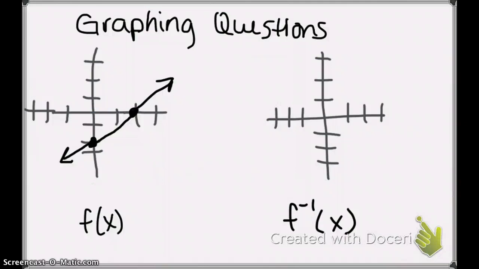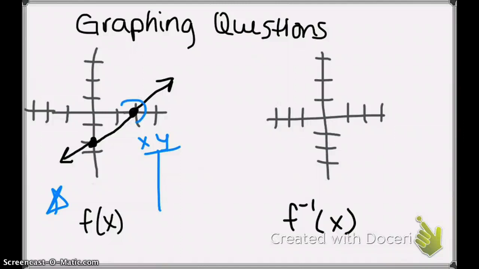So you might be given a graph like the one on the left, and it'll say, given this graph, graph the inverse function. Well, remember from that coordinate problem we had, you take your x's and y's in your original function and you just swap them to get the inverse. So first we have to figure out what our points are in the original graph.